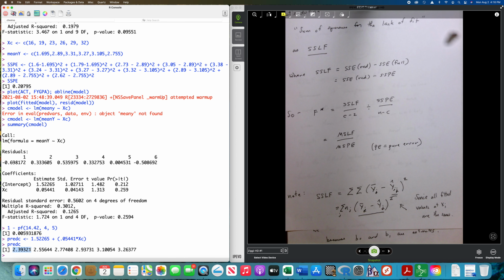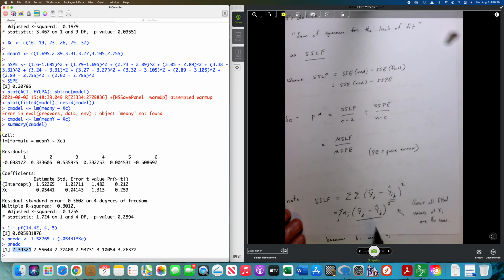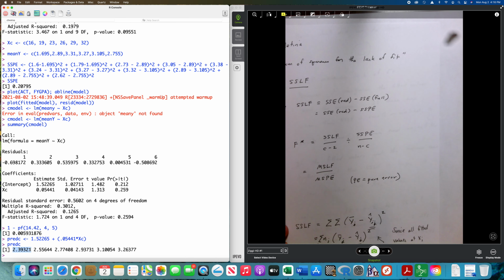On the other hand, if we get to this calculation and there's a large difference between the mean at each j level and the predicted value at each j level, then this is going to be a large quantity. And if we have a lot of large quantities that we add up, then we get a large test statistic, which creates a low p-value, which in essence is strong evidence against the null hypothesis.